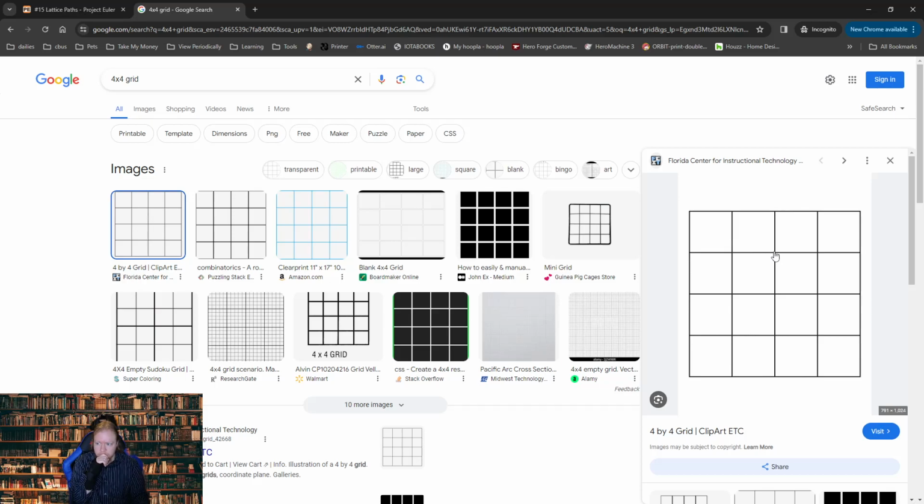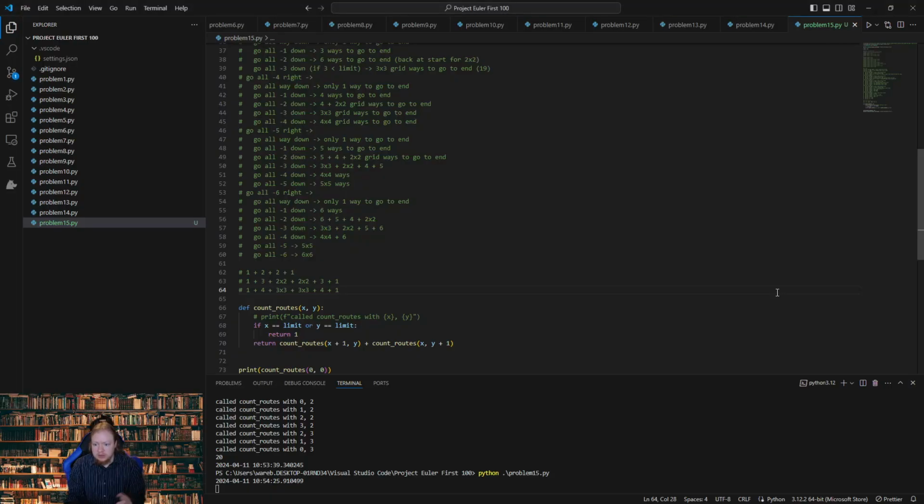Well, let's just kind of count it and see. So obviously here's 1, come here, and then there's 3 different possible routes. If we go down, then there's another 6. So 1 plus 3 plus 6.